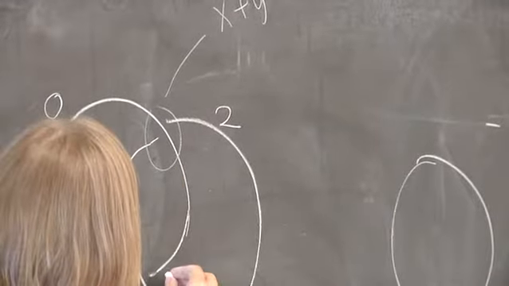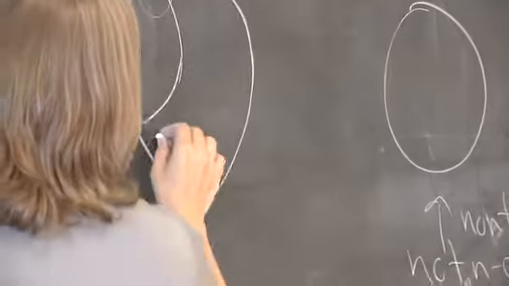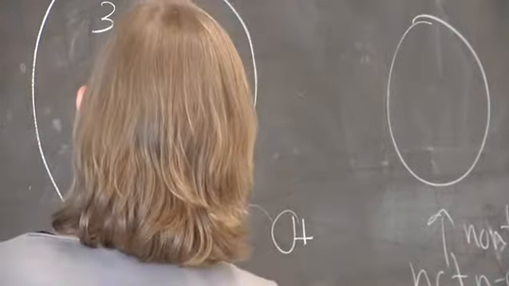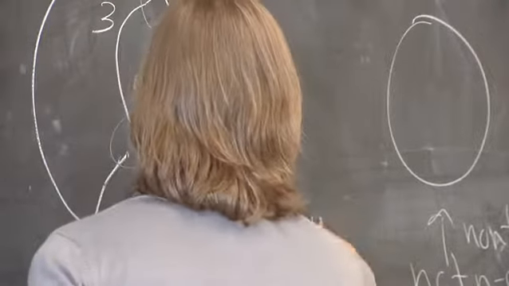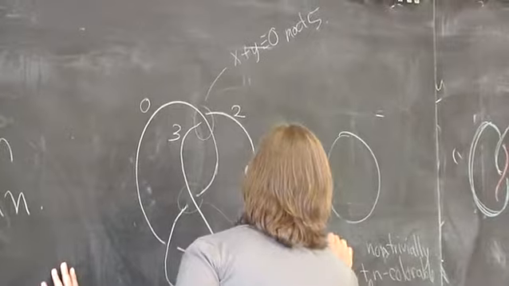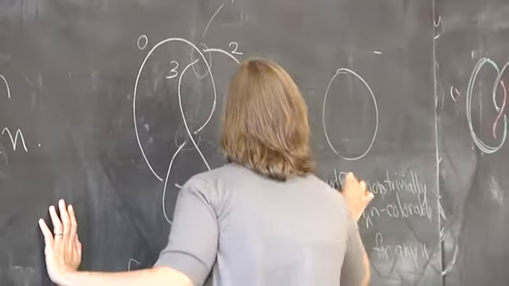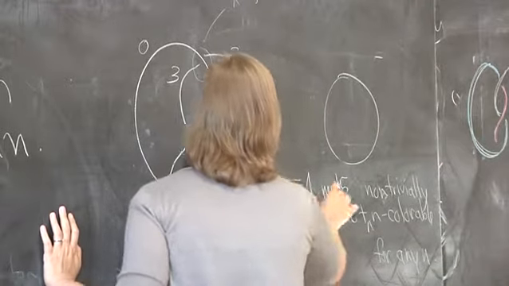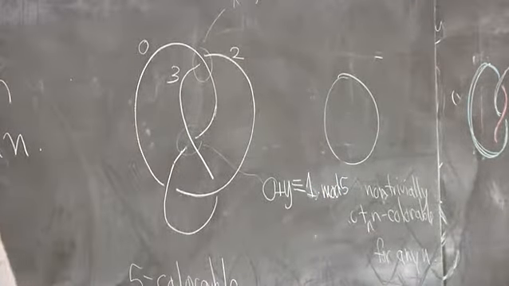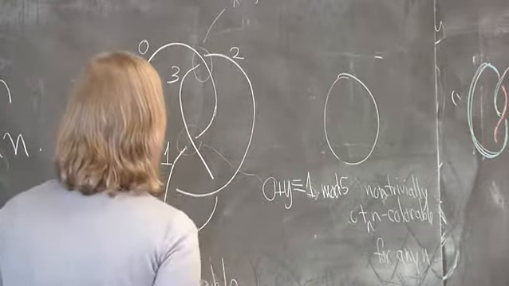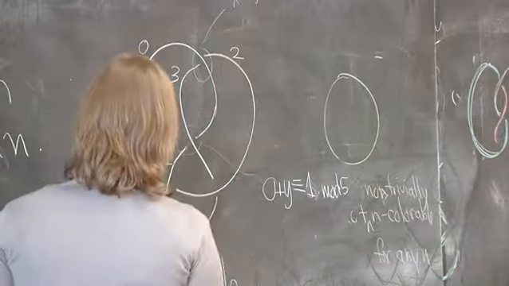So here at this crossing I have 0 plus, say, y is congruent to 6 mod 5. Well, 6 is just 1 mod 5, so 1. So what does y have to be? It has to be 1. Okay, so I have 0, 2, 3, and 1.